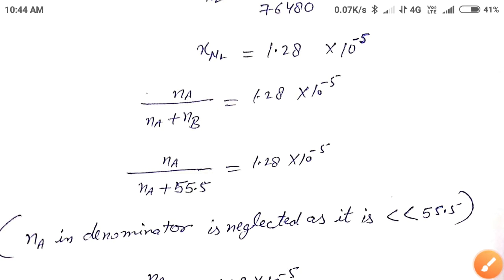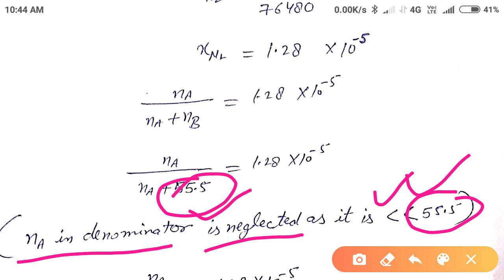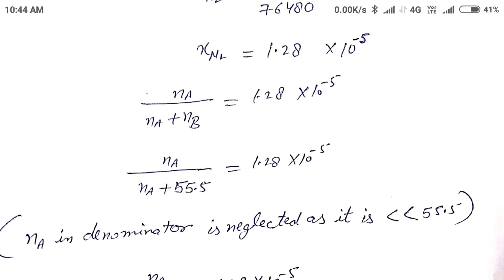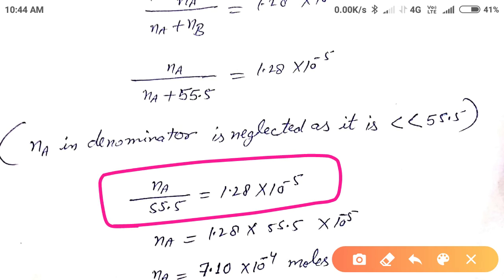As we know, in this case Na present in the denominator is neglected because it is very much smaller than the 55.5 moles. It is neglected from the denominator only, not from the numerator. Left with Na divided by 55.5, equal to 1.28 times 10 to the power minus 5.